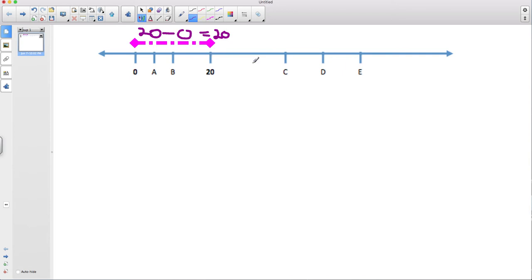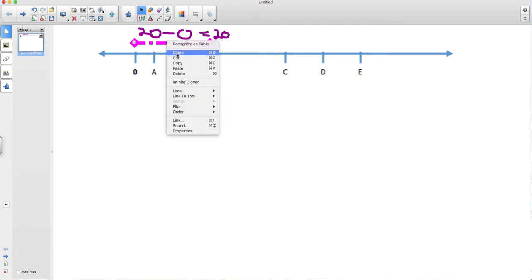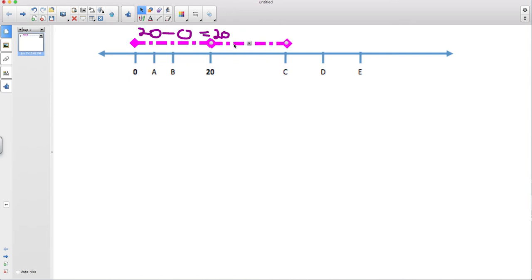So then ask yourself, where else do I see that distance on this line? And let's take a look, and if I were to copy this or clone it, where else can I see that distance? Well, that looks really much like it, just like that. So that means that this distance is always 20. So don't feel that you have to always solve the letters in order.